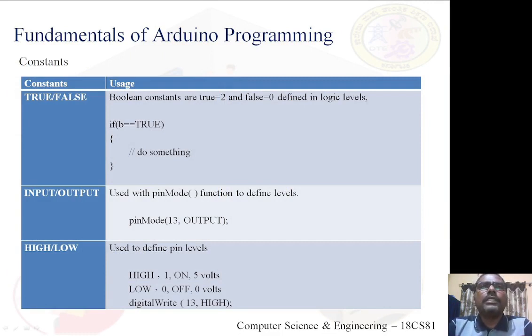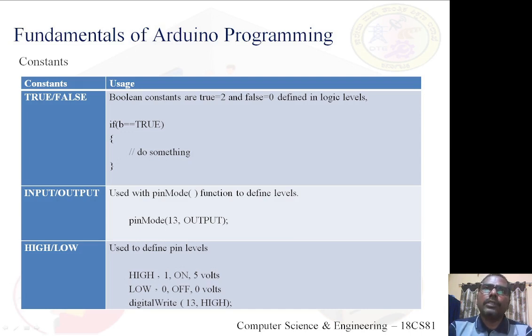Now let us look at some constants available in Arduino programming. A constant means a variable whose value does not change during execution. Here there are some predefined constants. One, as you can see, is the constants labeled true and false.